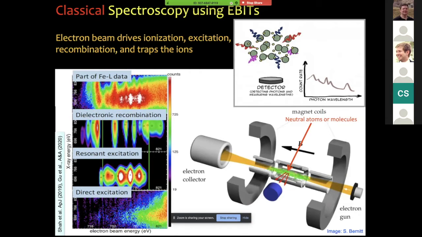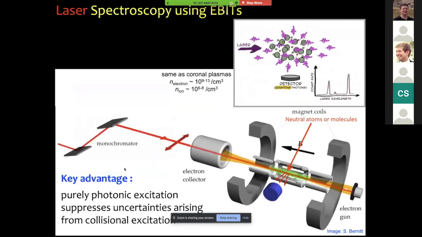So what we did next was laser spectroscopy. The key advantage of laser spectroscopy is that we can have a purely photonic excitation, which will suppress any uncertainties arising from the collisional excitation process.